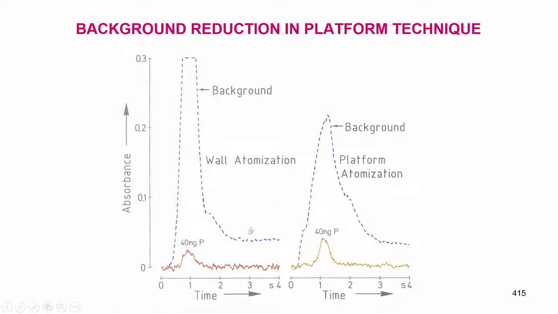So, this is how the stabilized platform concept helps. It removes the background to a large extent, and the 40 nanogram sample signal is enhanced. So, you can imagine that the background is always higher than the sample signal, but it can be subtracted from the sample plus background. Okay.